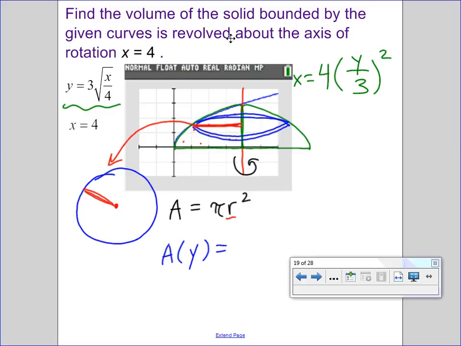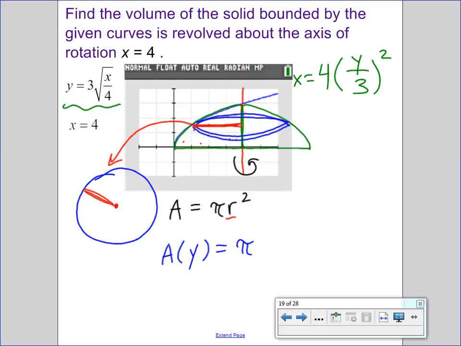Yes? Cool. So my A of y will be kept positive by making my radius r right curve solved for x minus left curve solved for x. Let's do this together. So here I have my A of y is given by pi r squared, where my right curve solved for x is that vertical boundary line, x equals 4.